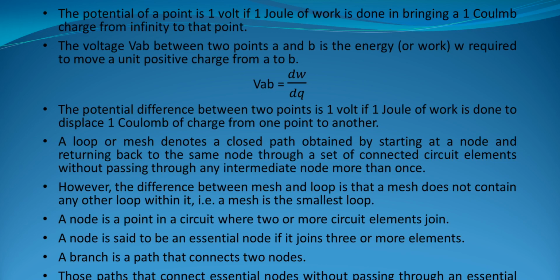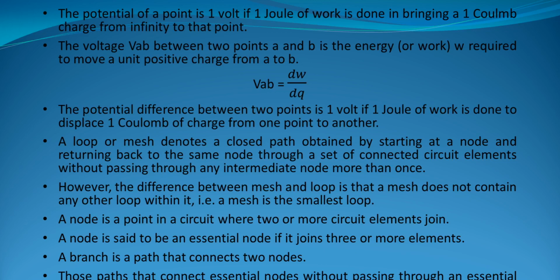We should say the voltage difference between those 2 points. So that will be VAB is equal to dW by dQ, where W is the work done that is required, and Q is the charge that is being moved from one point to another. Okay, this should not actually be a unit positive charge, this should be only charge. When you move a charge from one point to another and you apply some work to it, then the amount of work required divided by the charge that is moved from one point to another will give you the voltage difference or potential difference between those 2 points.